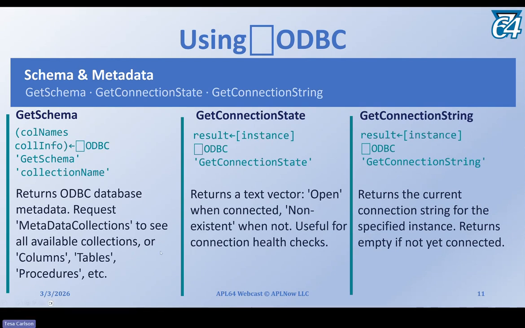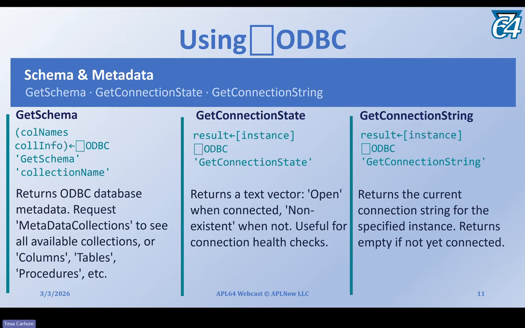The get connection state action applies to a quad ODBC instance. The result of this action is a text vector indicating the connection state of the specified quad ODBC instance to an ODBC database. It'll be non-existent if we haven't executed the open action, and after that the connection state will be open until we execute a close or a clear action.